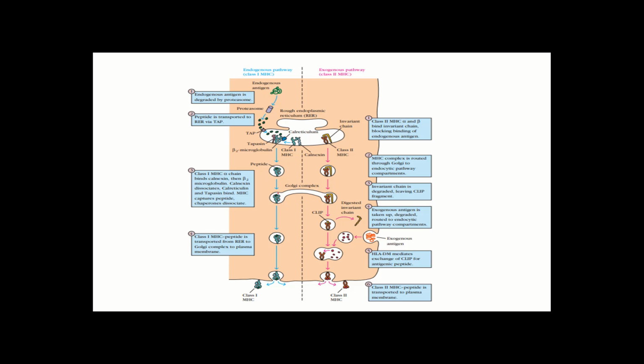After coming into the Golgi complex, this class 1 MHC and antigenic peptide combination will first come into the cis Golgi, then medial Golgi, then trans Golgi. After that, from the trans Golgi network or TGN, this complex, which is made up of class 1 MHC protein and the antigenic peptide, will be transported to the plasma membrane, right?